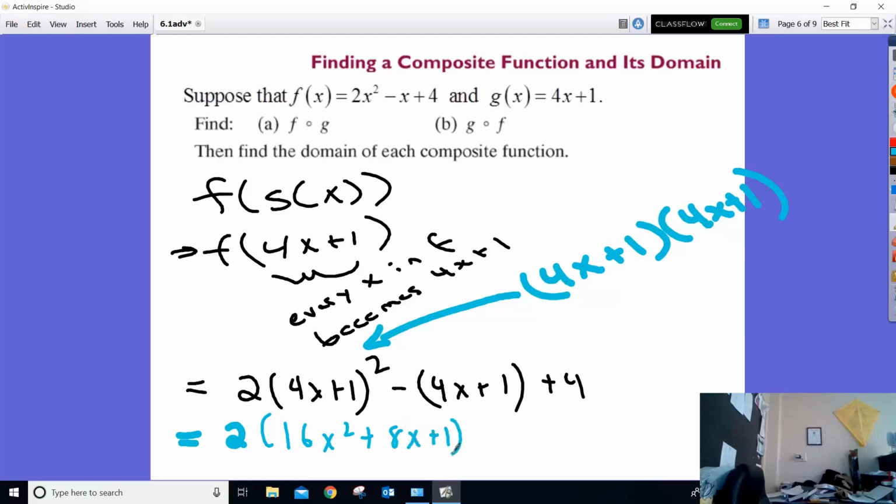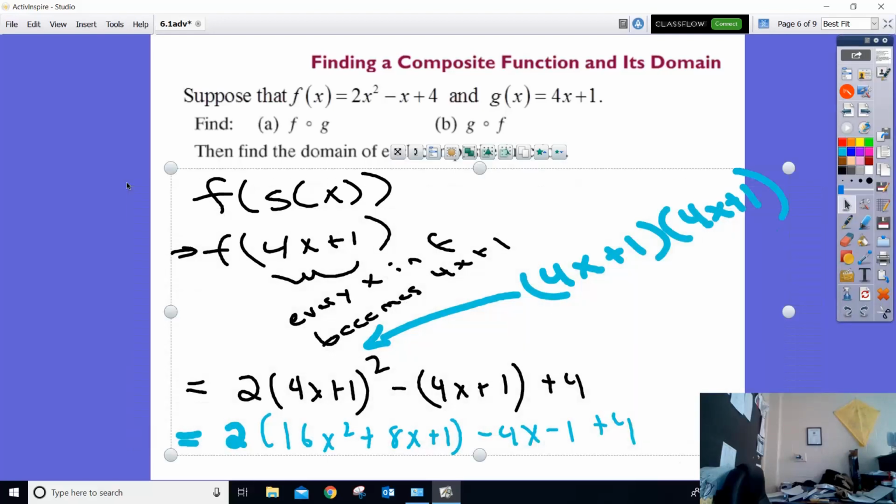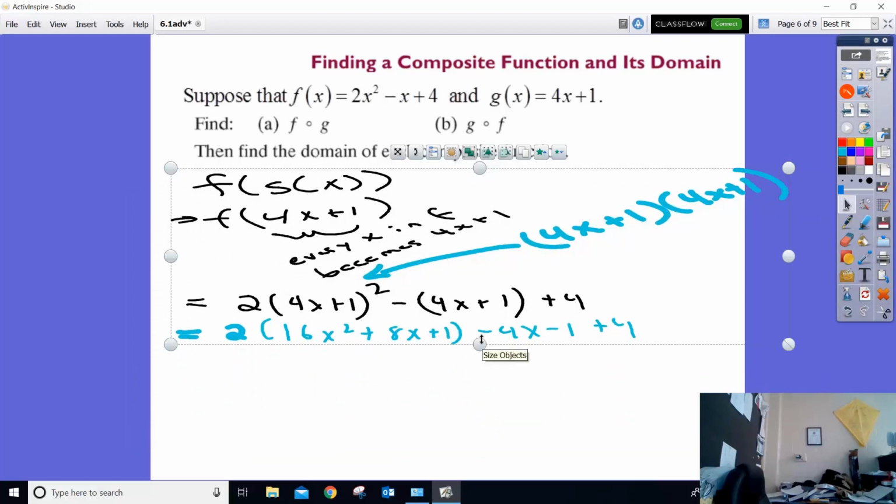All right, we'll combine like terms. Now, I'm not going to write a new line here where I distribute the 2. If you double 16x squared, how many x squared do you have? You have 32 of them.